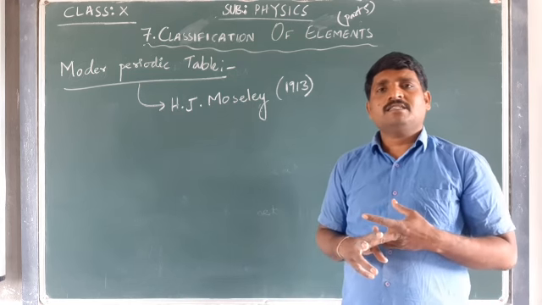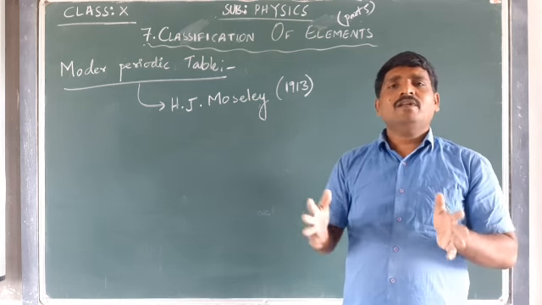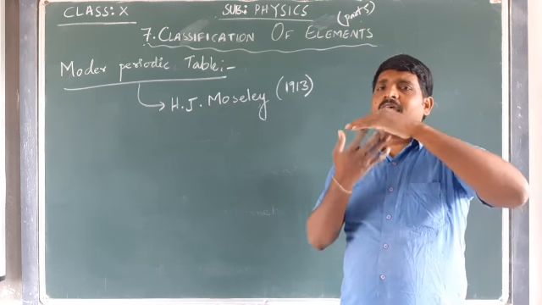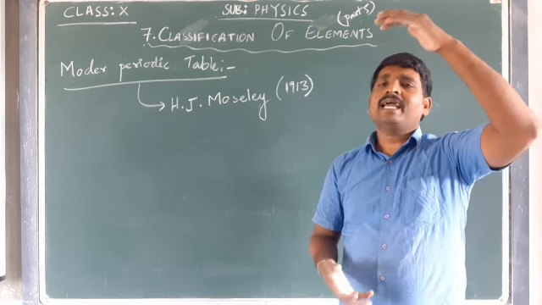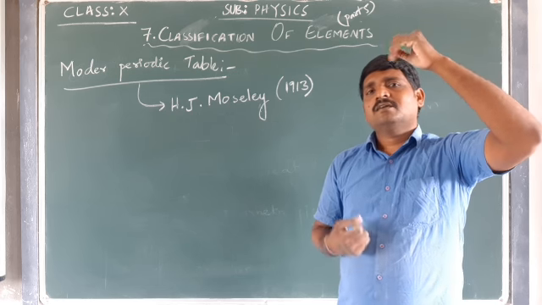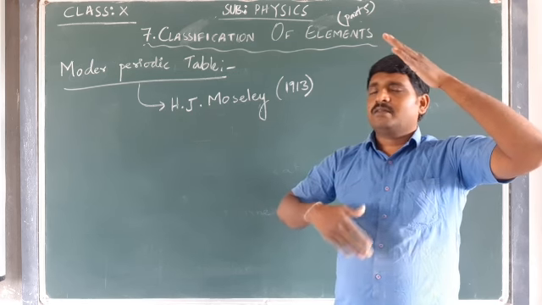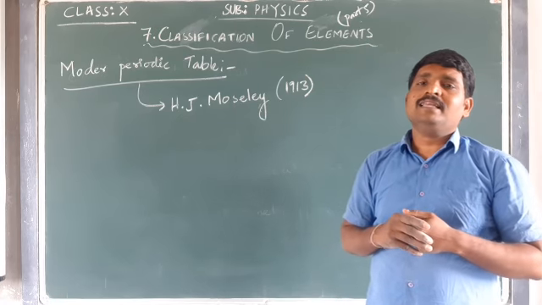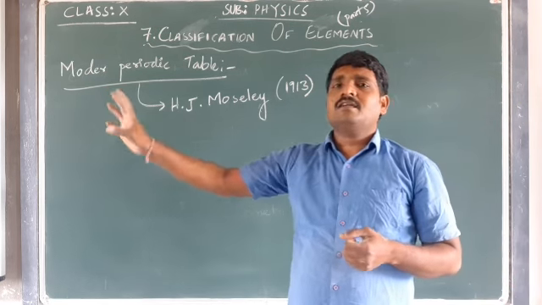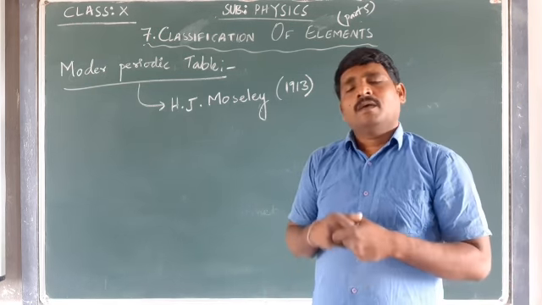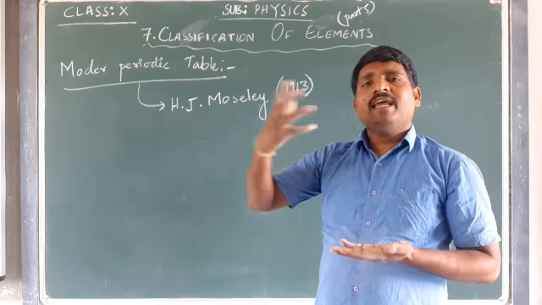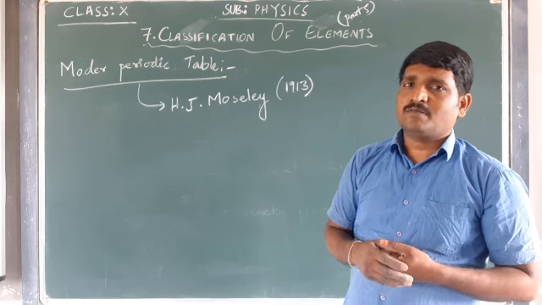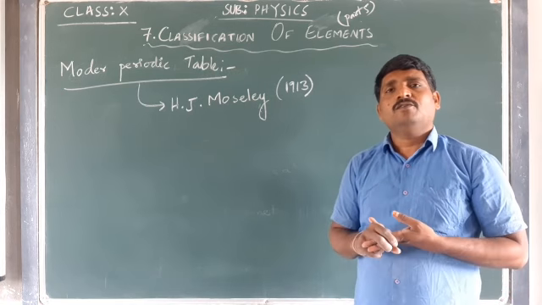After that, Newlands came into the picture, and he divided the elements into groups of 8 elements. After the 8th element, the pattern gets repeated, and the horizontal rows are called a group. Every 8th element from a respective element repeats the same properties. That was the proposal by Newlands.